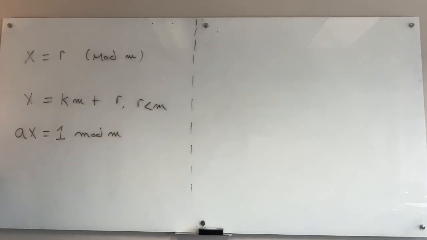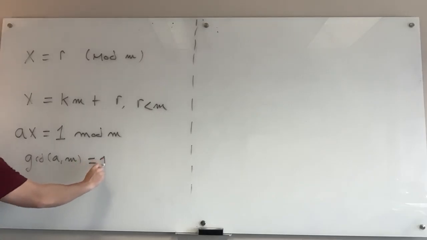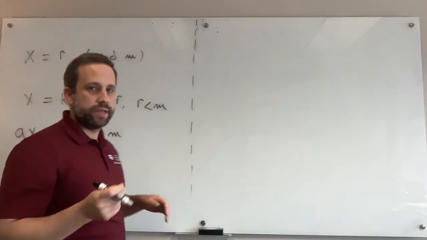I'm going to show you how we can solve this. I have to do quite a bit before I can even do that. An assumption that we have to make here, which we'll see why in a minute, is that the greatest common divisor of a and m is equal to 1. In other words, they're relatively prime.